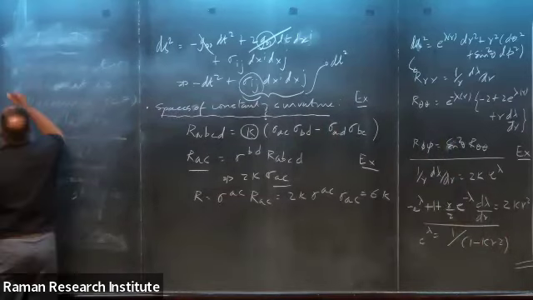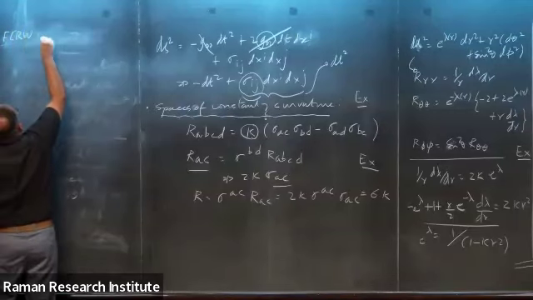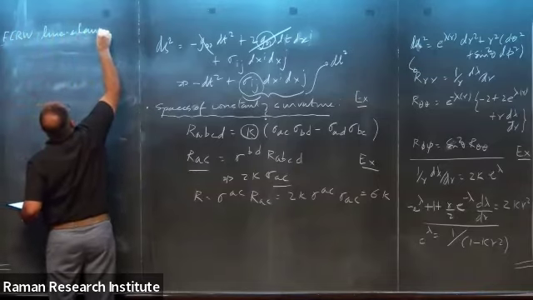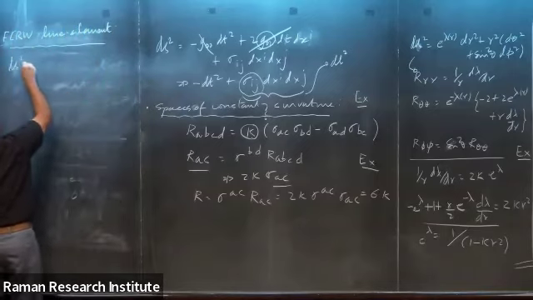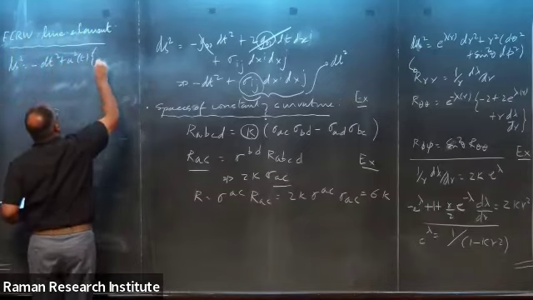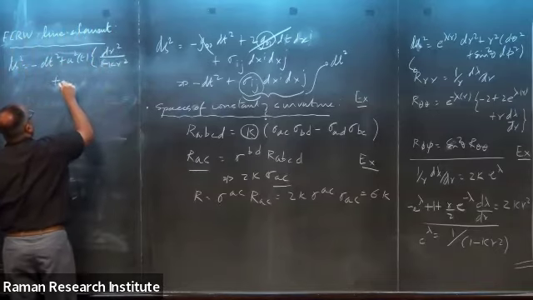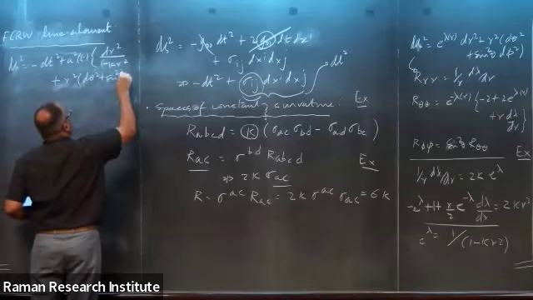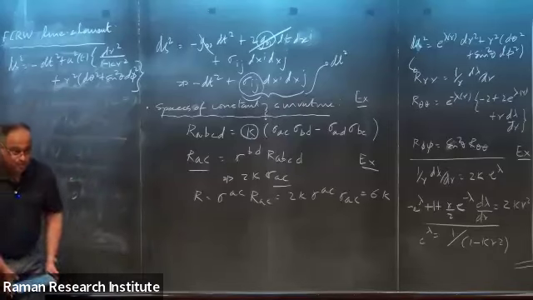And that leaves us the FLRW line element, which tells you that ds squared is minus dt squared plus a squared of t times dr squared by 1 minus kappa r squared plus r squared times d theta squared plus d phi squared. That's the form of the line element we work with.